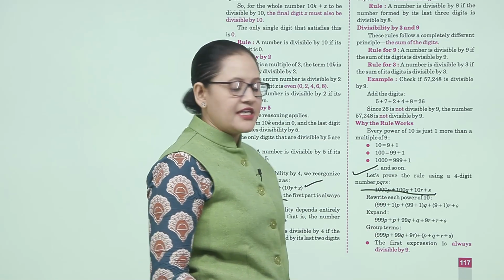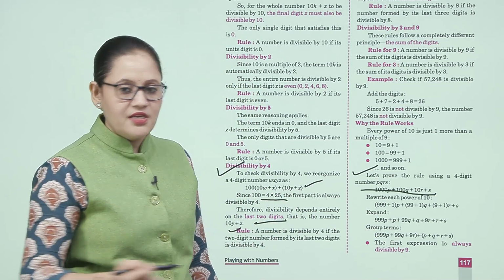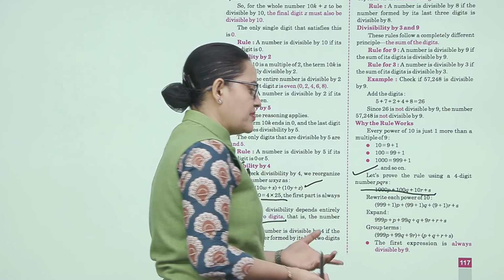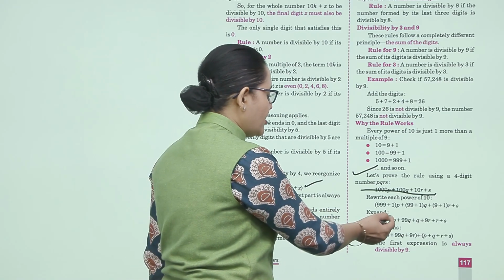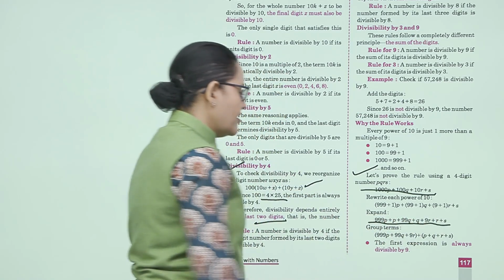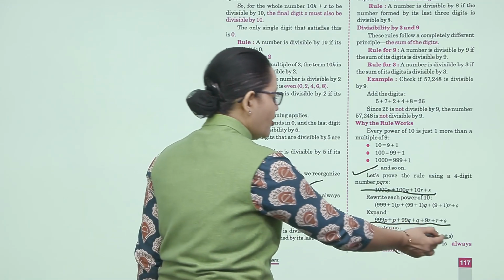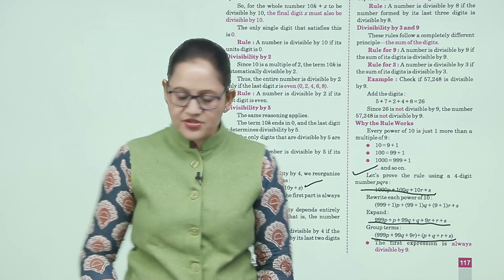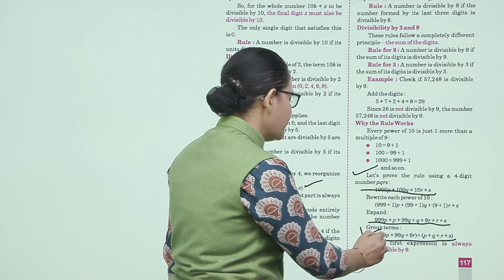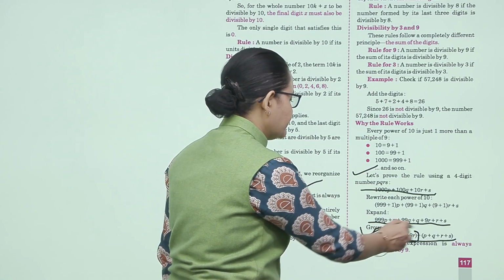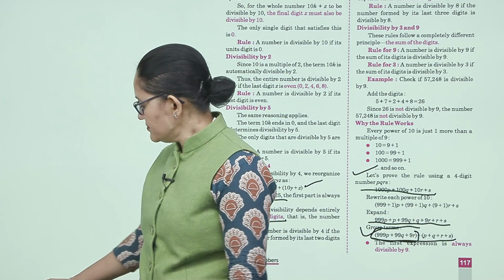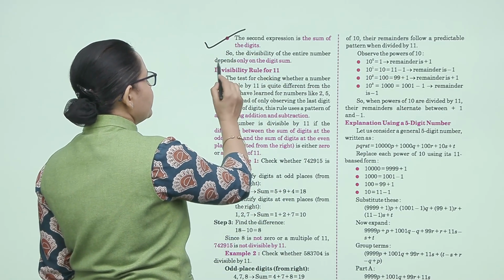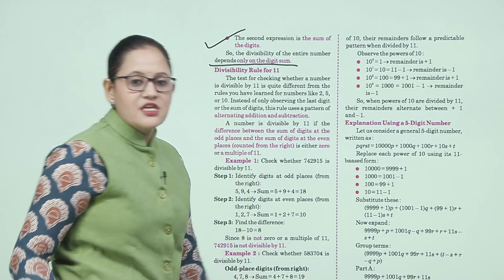So, 1000 can be written as 999 plus 1 into P, 100 as 99 plus 1, and 10 can be written as 9 plus 1 into X. So, now we will expand. Now, we will group the terms. The first expression is always divisible by 9. The second expression is the sum of the digits, so the divisibility depends only on the digit sum.